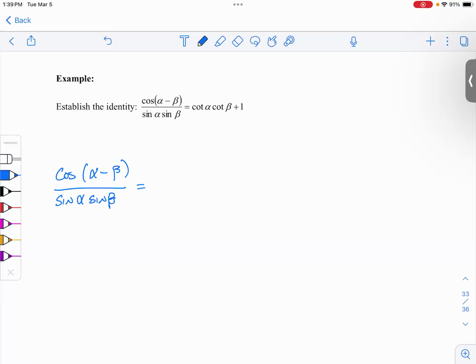So convert to sines, cosines, common denominator, factor. I don't think I can do any of those here. What's the next one? Identities slash definitions. All right. Do you see a definition in here?